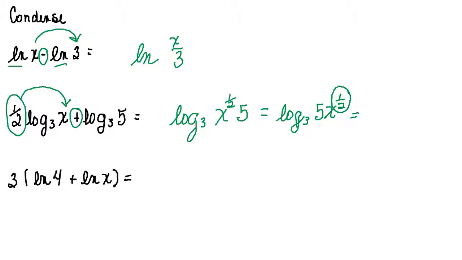Remember, there's sometimes where radicals work better than exponential form. So our final answer is going to be log base 3 of 5 times the square root of x, because 1/2 is the same thing as a square root. Inside power over outside index.